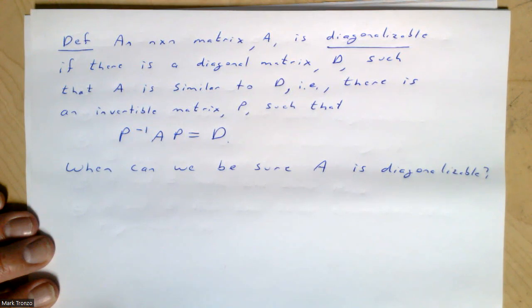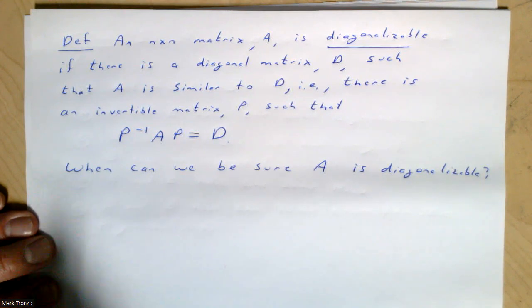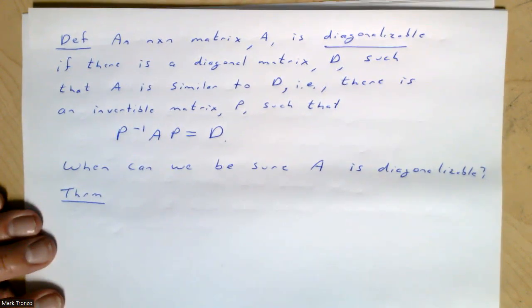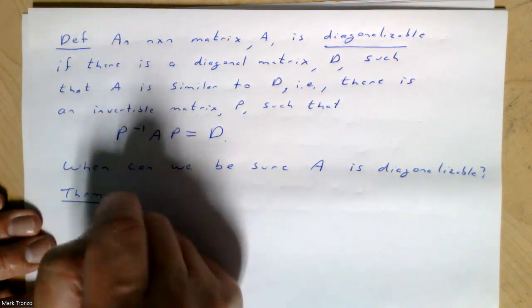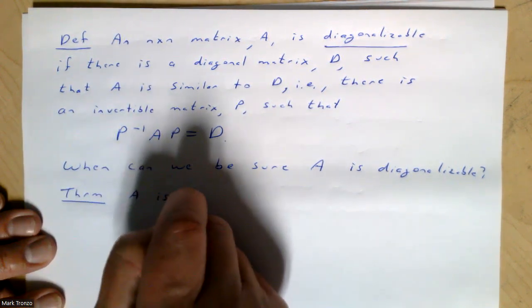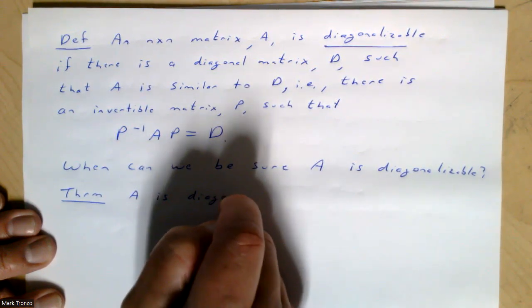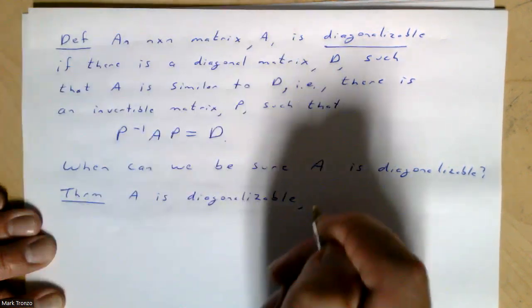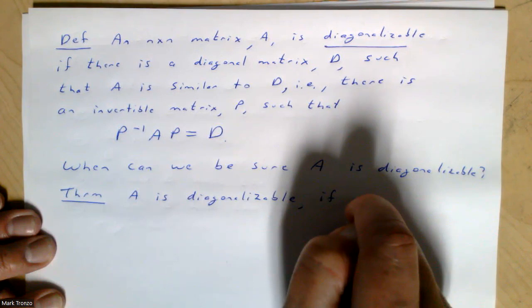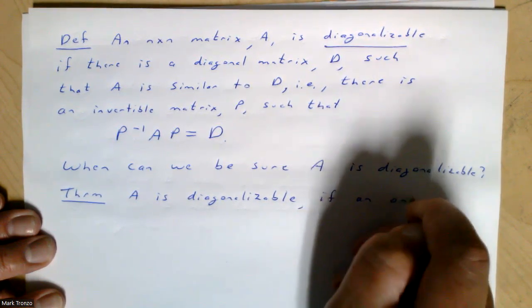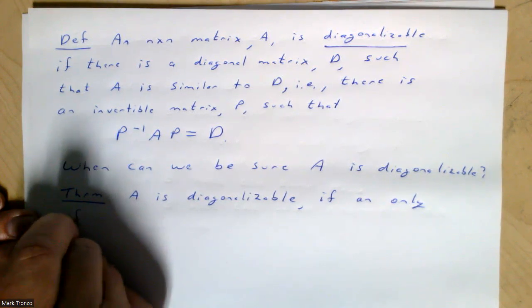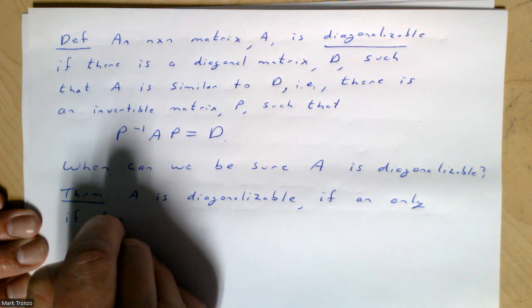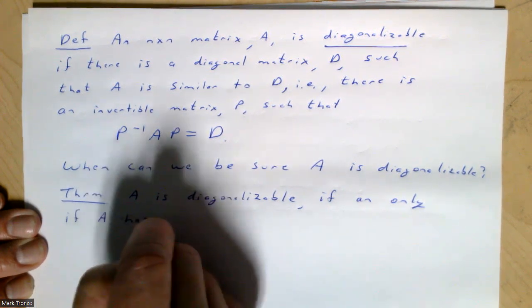There's actually a theorem that A is diagonalizable if and only if A has n linearly independent eigenvectors.